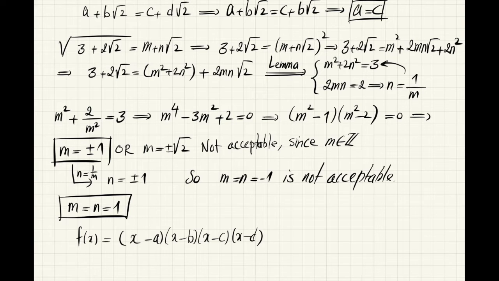And of course it becomes clear that, for example, if I combine these two, it gives me a quadratic expression, and this also gives me a quadratic expression. So f of x is the product of two quadratic expressions.